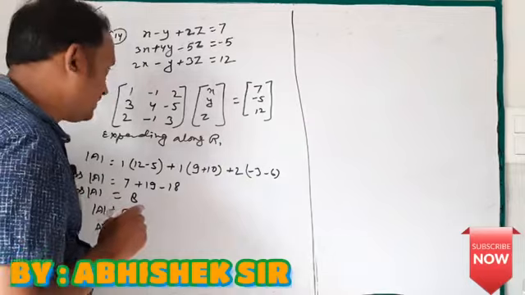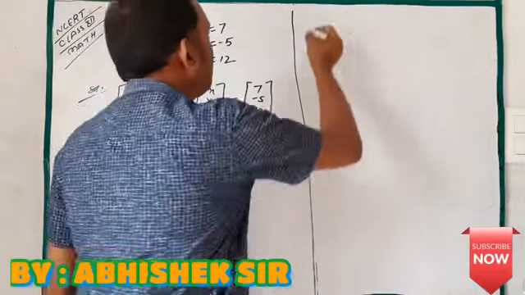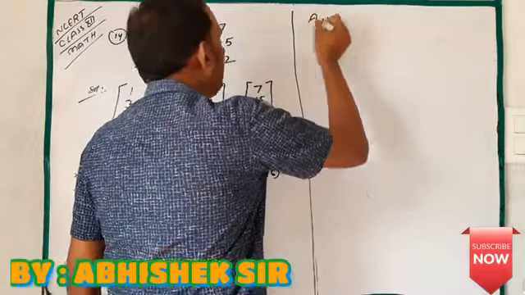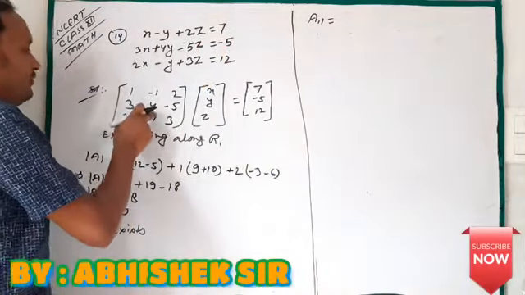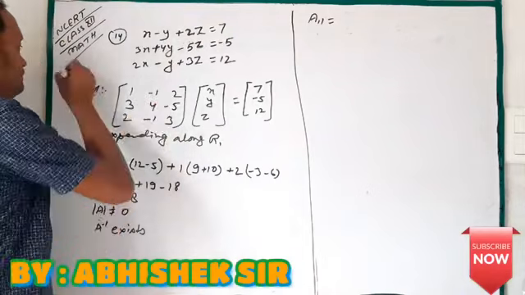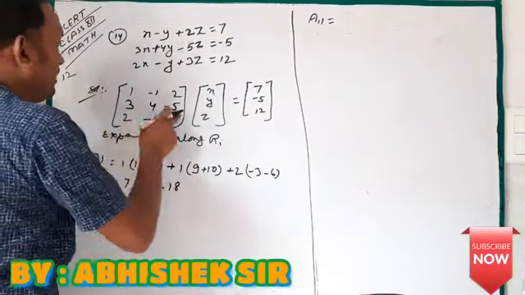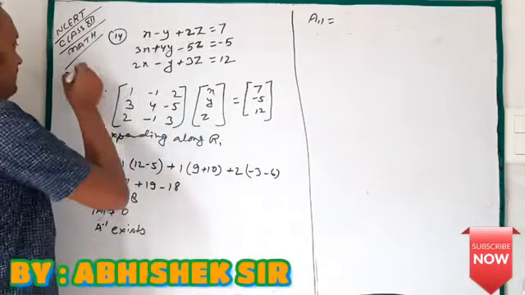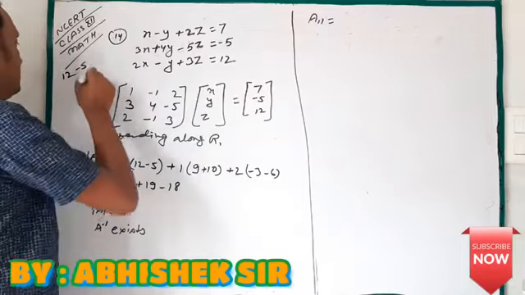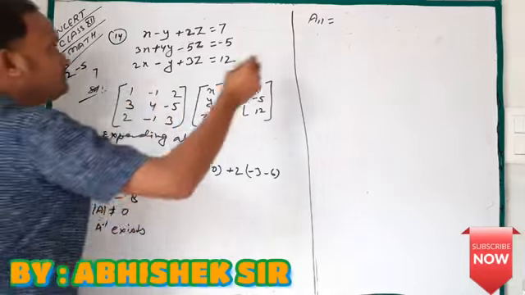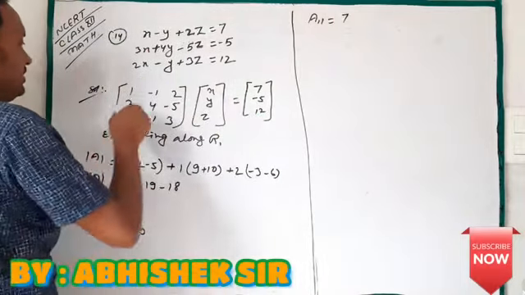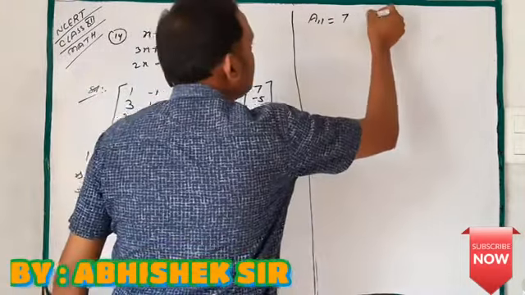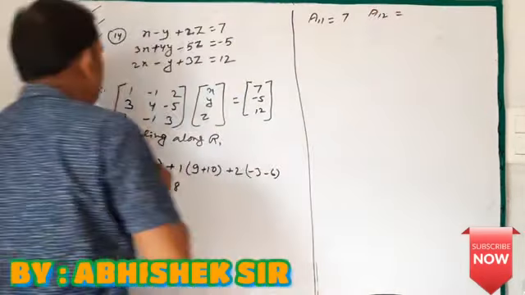If A inverse exists, we have to find the cofactors. What is our A11? First row, first column: 4 3 is 12, minus 5, 7. Positive place. A12, what is A12?